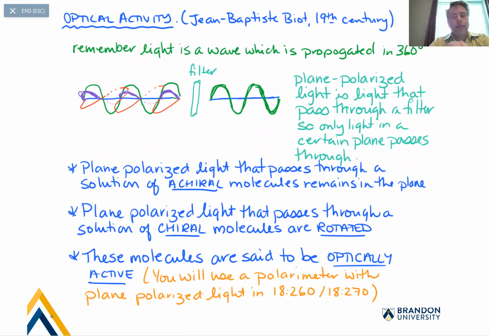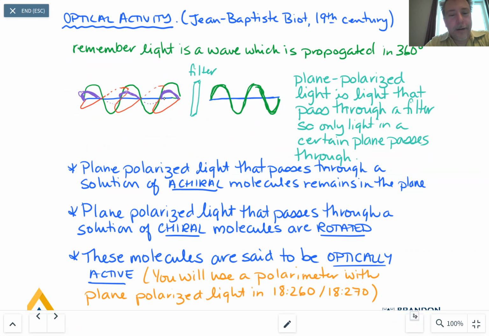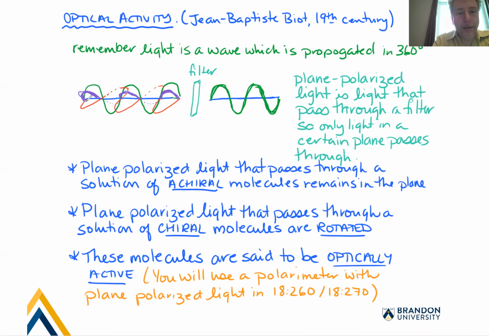So this is an ugly diagram, but remember, electromagnetic radiation, light, has got two components to it, but it travels as a wave. Most of the time when you see light being drawn, you'll see this wave drawn like a sine wave.